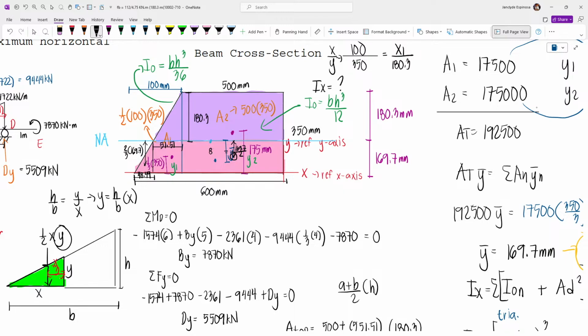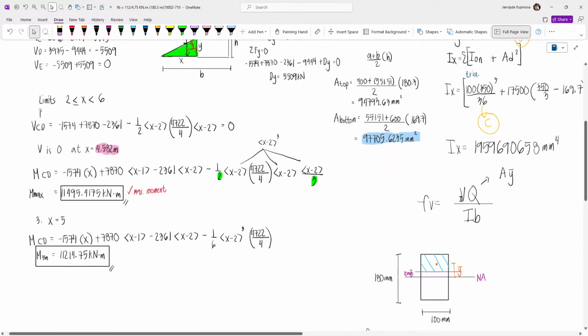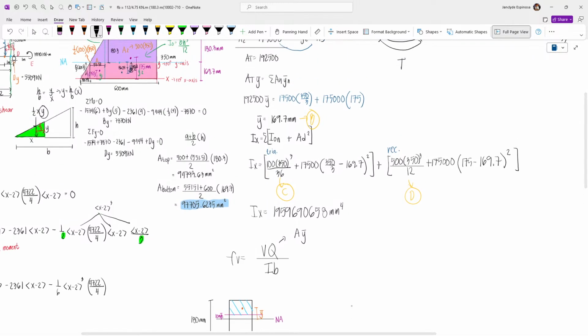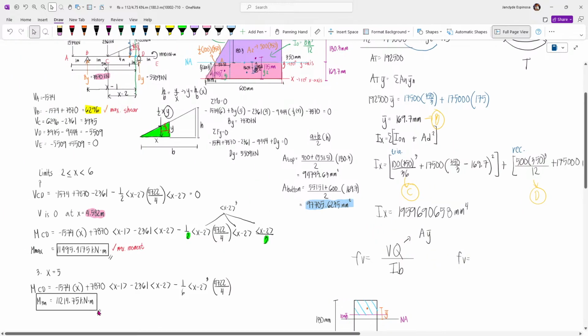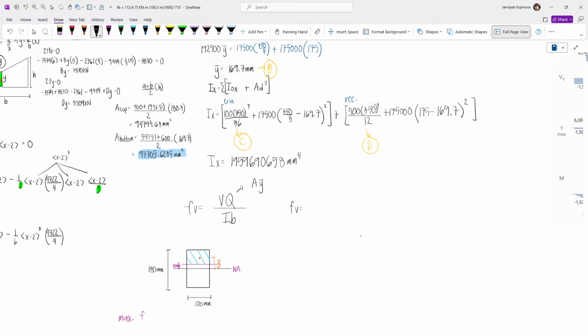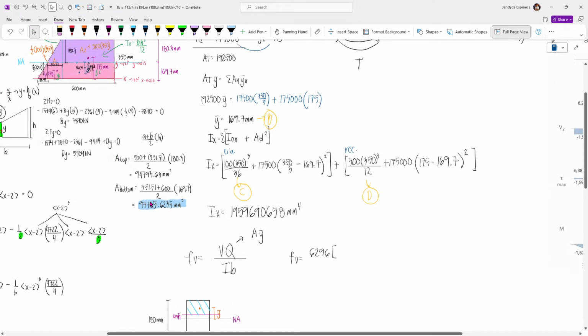So atong result 86.04. So man na siya atong gamiton nga barred Y diri sa VQ over IB. So we have here FV equals, again, maximum ang gipangutana. So atong gamiton kani pong 6296 ang maximum shear. So we have 6296 times Q. Ang area na to kanino 977.